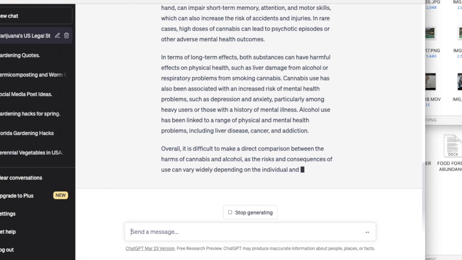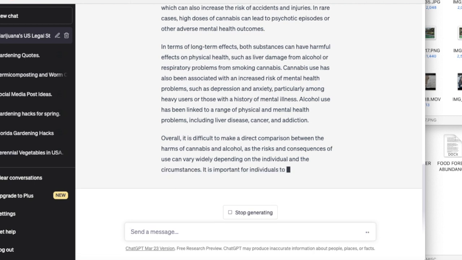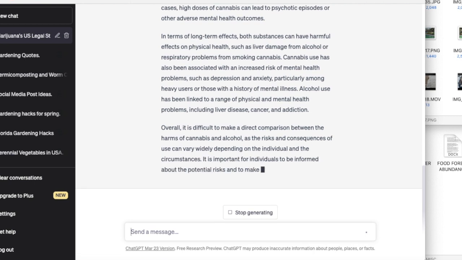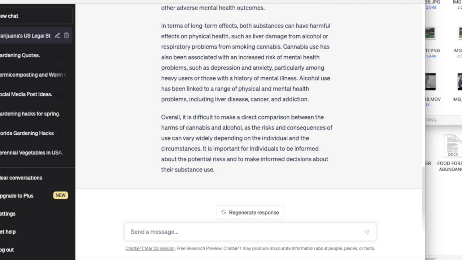Alcohol use has been linked to a range of physical and mental health problems, including liver disease, cancer, and addiction. Overall, it is difficult to make a direct comparison between the harms of cannabis and alcohol, as the risks and consequences of use can vary widely depending on the individual and the circumstances. It is important for individuals to be informed about the potential risks and to make informed decisions about their substance use.